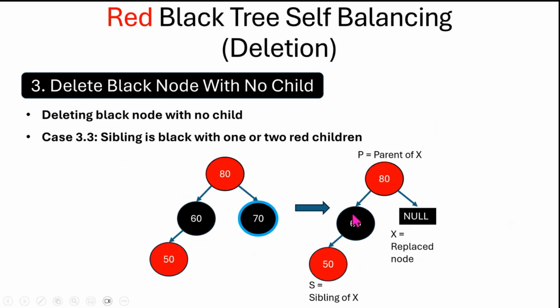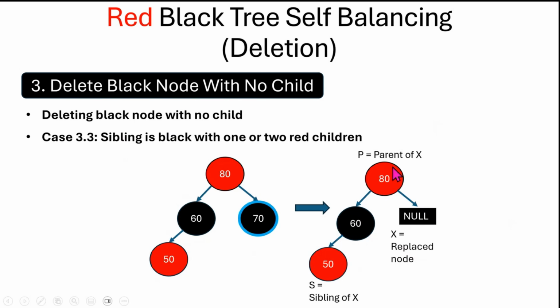Now the problem is if we recolor the sibling to red, like in the 3.1 case, where the sibling was black with no children or both children black. If we apply that recoloring logic, it will cause the red-red violation here, and it will cause the red-red violation here also. So it is not solving, right?